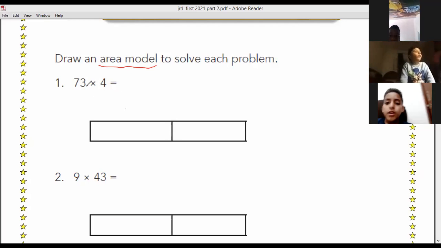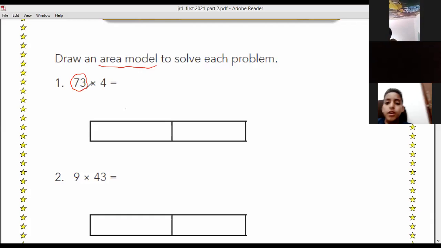And start with decomposing 73. I want to decompose 73. So it will be what and what, Yasin? No, Yasin, 73.